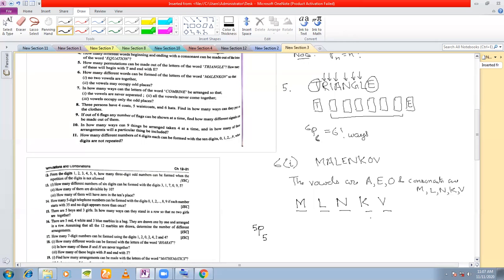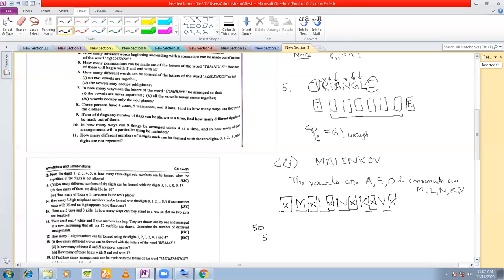What are the places that are left? This place is left, this is left, this, this, and this, right? Now each of these vowels can be placed in these places if no two of them are to be together, right?